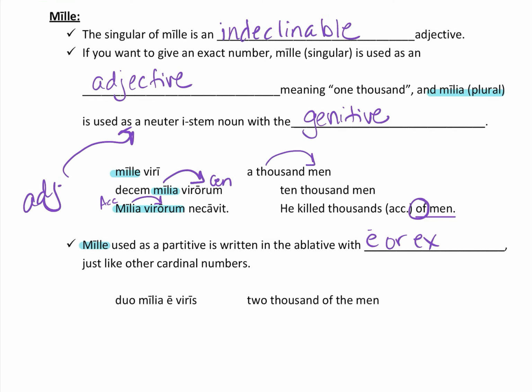And then it's duo millia, 2,000. So we've got the plural here, 2,000. We've got a number here. It's because it's used as a partitive of the men. And here we have e or ex, and it's telling us 2,000 of the men. So those are all the different ways that you can use the partitive and our review about mille. So your brain should be going, oh yeah, I do remember that.